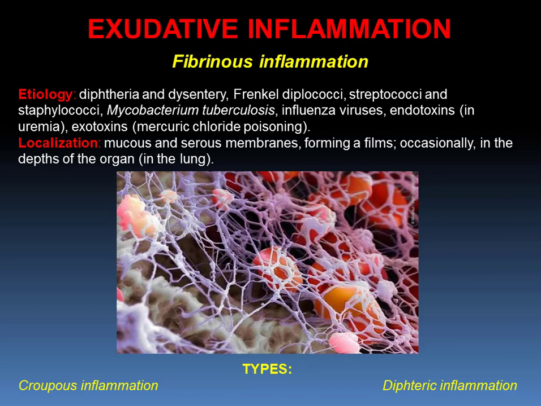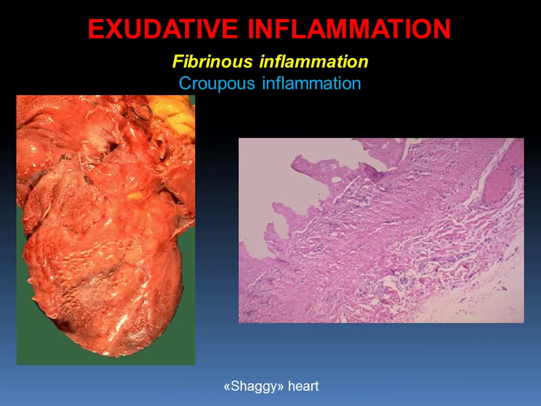Depending on the nature of the fibrinous films and underlying tissues, there are two types of fibrinous inflammation: croupous inflammation and diphtheritic inflammation. Croupous inflammation develops primarily on serous and mucous membranes covered with cylindrical epithelium. The forming films are loosely adherent to underlying tissues.